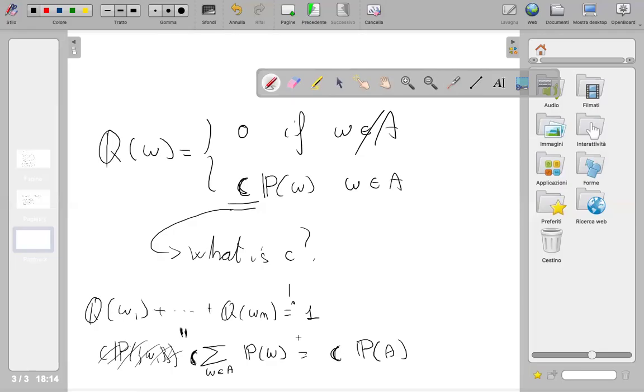It is a strange notation, but we are summing Q, which is C times P if omega is in A. So we are summing only the omegas that are in A, and this leads to the probability of A. So basically C is equal to 1 divided by the probability of A.